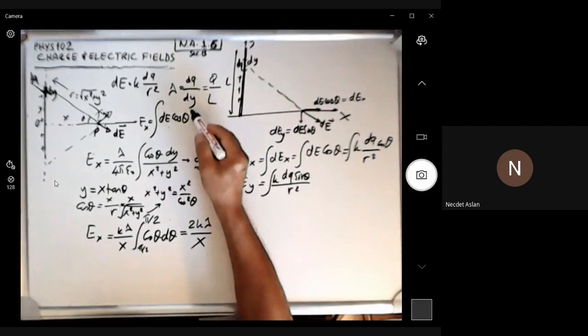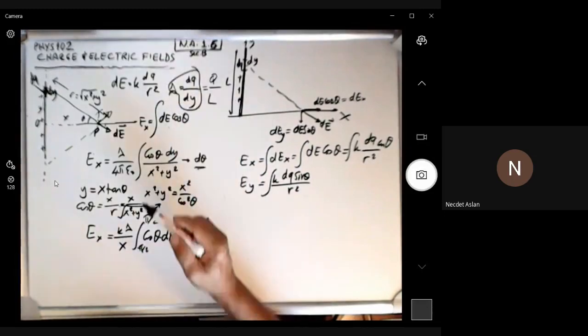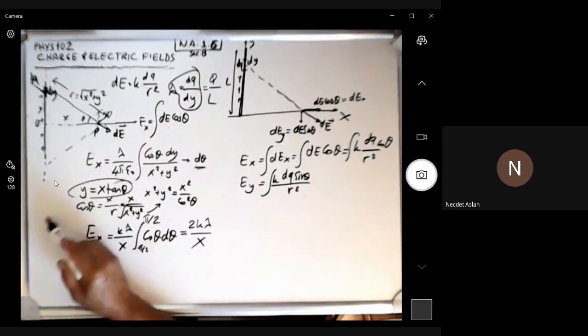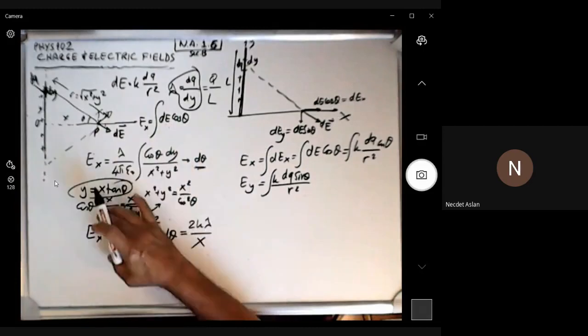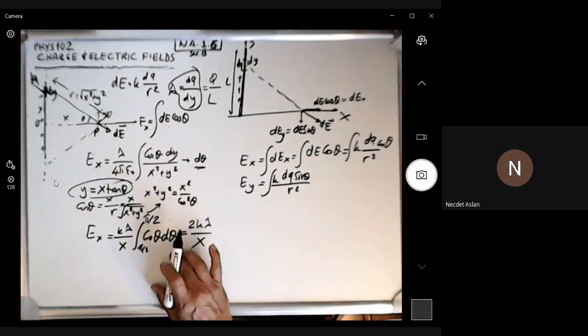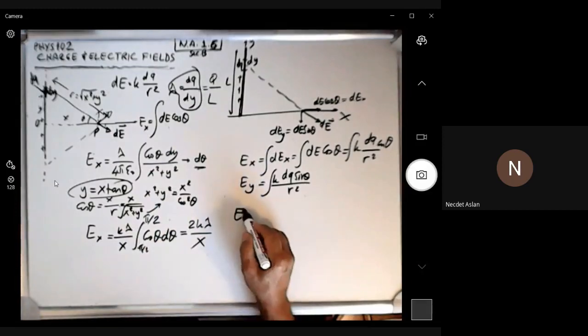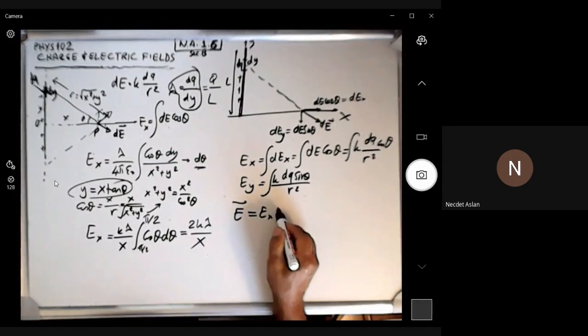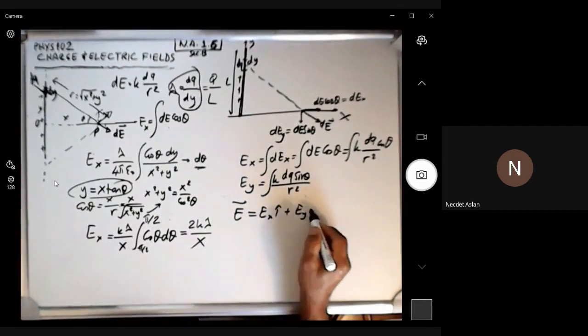Again, from dq to dy we can use this, and from dy to d theta we will use this expression. If you do the similar analysis, the electric field will be equal to Ex times i plus Ey times j, right?